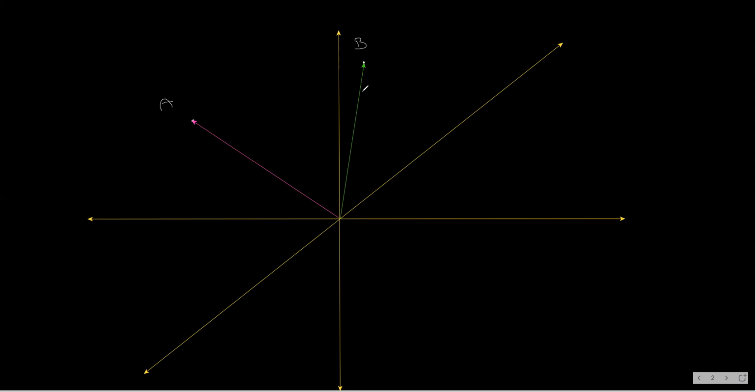Like you found A bar, B bar, you have also found the vector C bar.